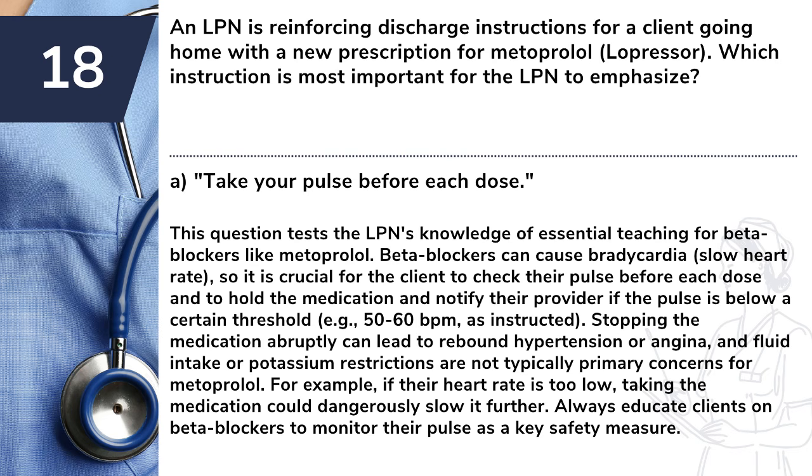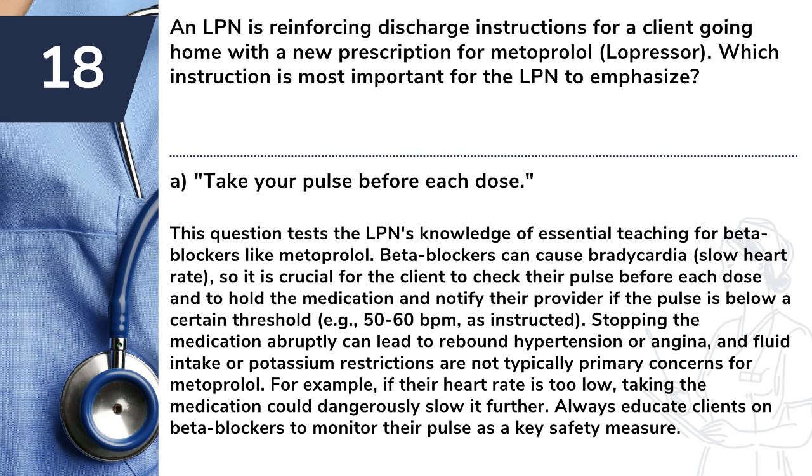Answer: A. Take your pulse before each dose. This question tests the LPN's knowledge of essential teaching for beta blockers like metoprolol. Beta blockers can cause bradycardia, slow heart rate, so it is crucial for the client to check their pulse before each dose and to hold the medication and notify their provider if the pulse is below a certain threshold, e.g., 50 to 60 bpm, as instructed.